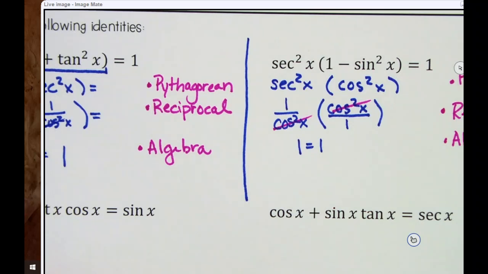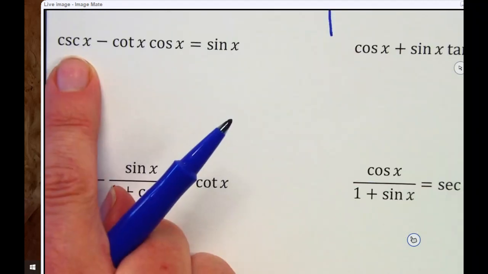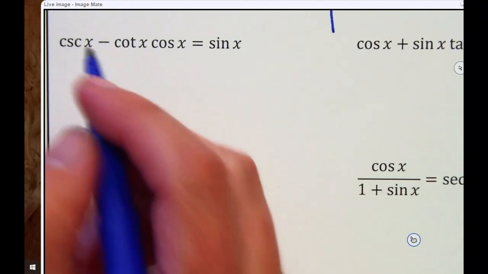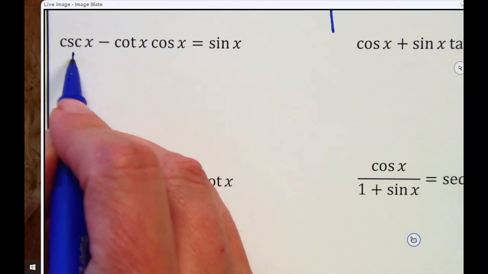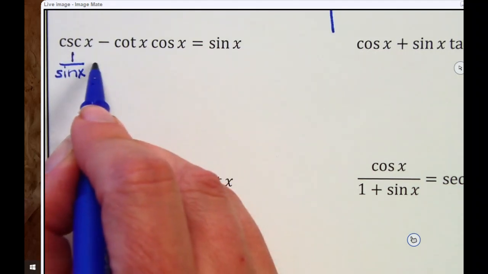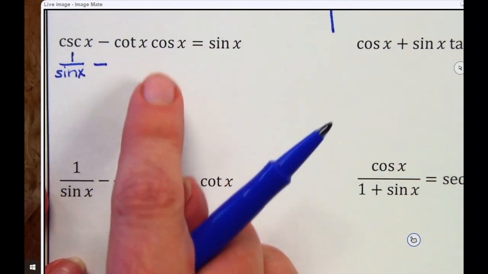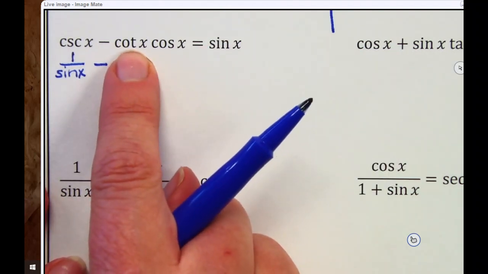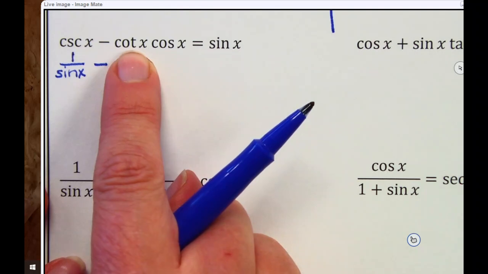All right. How can I rewrite cosecant? Whoops, there it is. How can I rewrite cosecant? 1 over sine of x. Thank you. Minus. How can I rewrite cotangent of x?